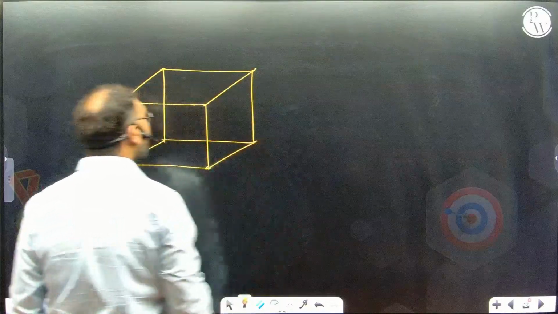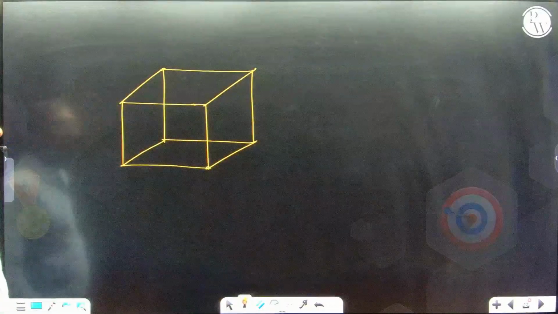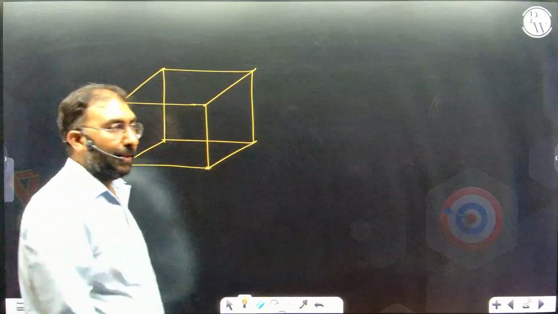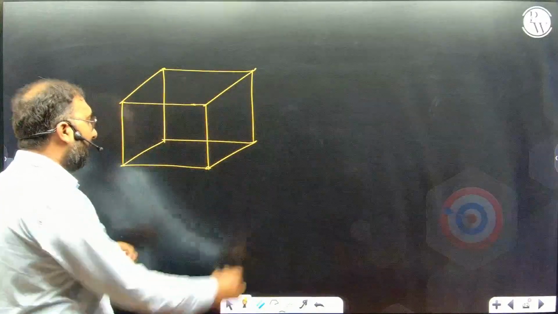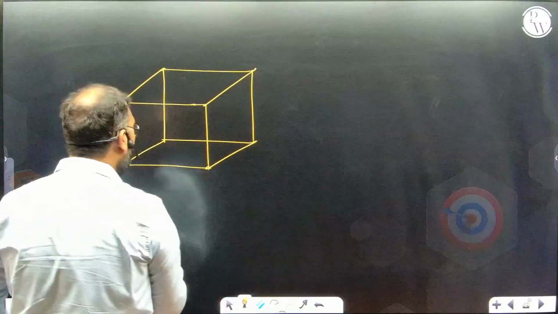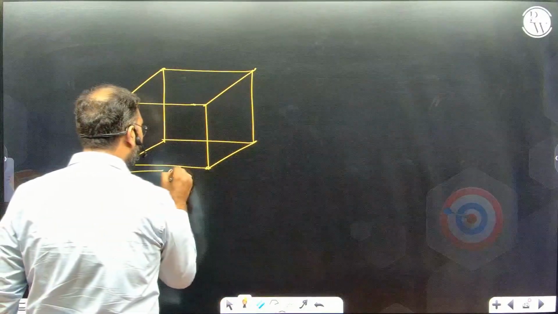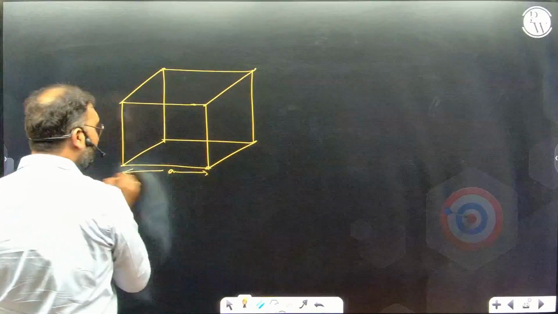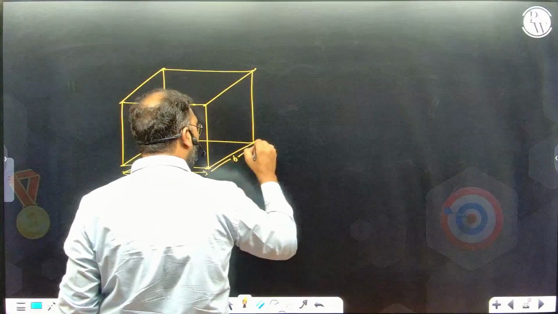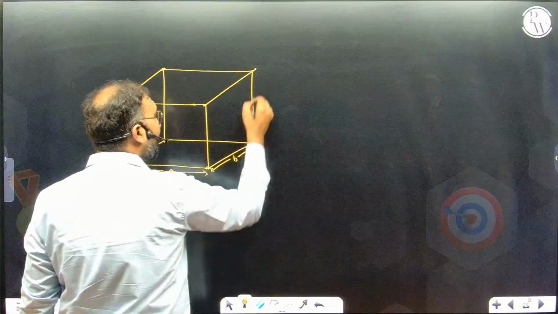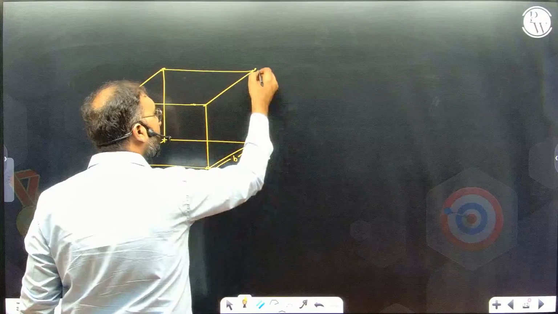So this should be appreciated, right? I am not good at drawing. I am very bad at drawing. So hopefully I have made a cuboid which looks like a cuboid. So this length is, let's say, A, and this width is, let's say, B, and let's say this height is C.